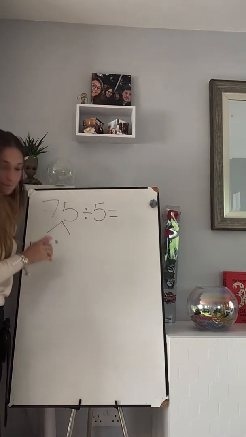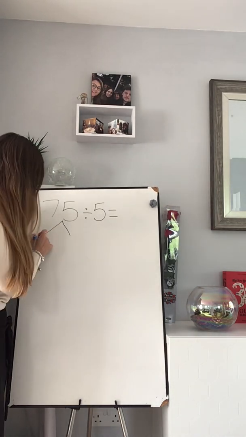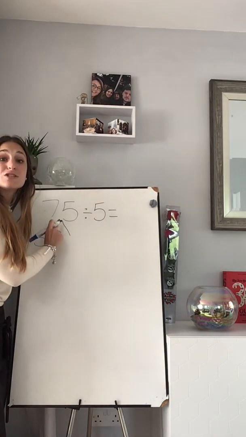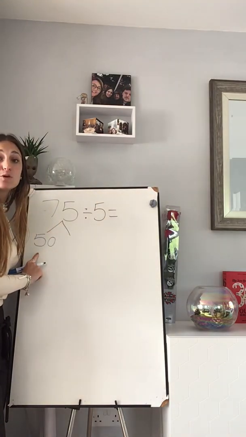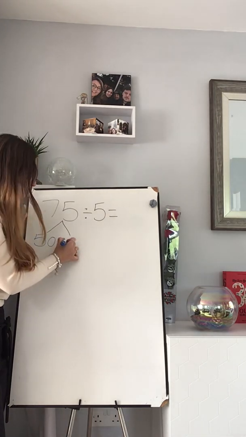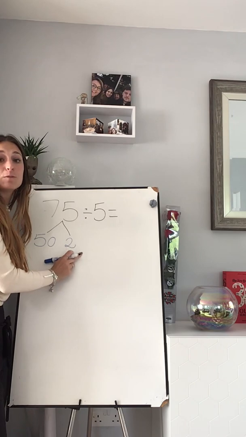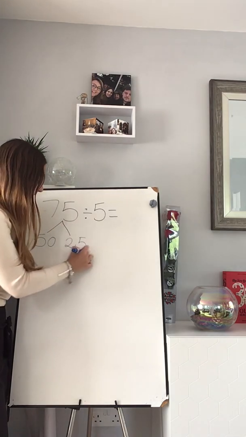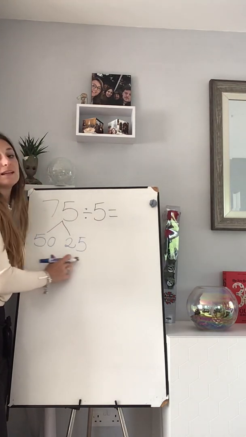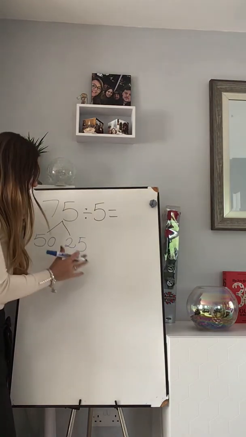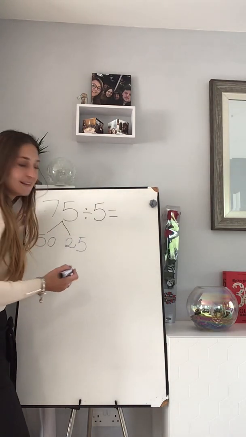If I have 50, how many more do I need to get to 75? How many more 10s? 2 10s, so it will be 70, and how many ones? The 5. So does 50 and 25 make 75? It does. Right, let's divide it then.